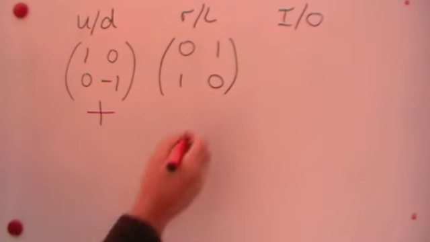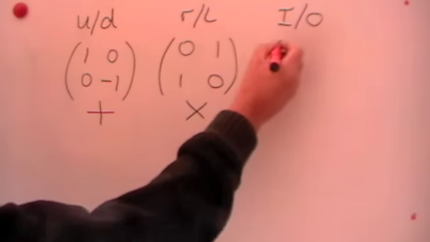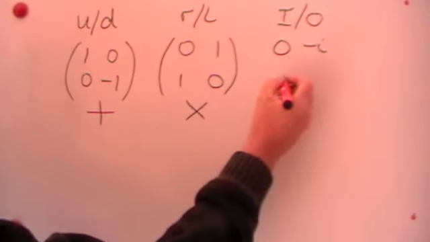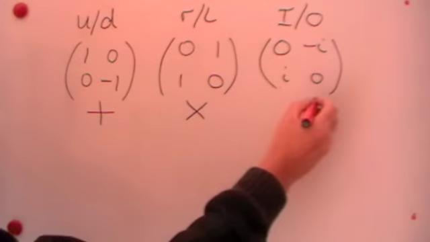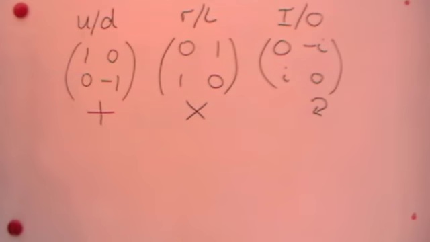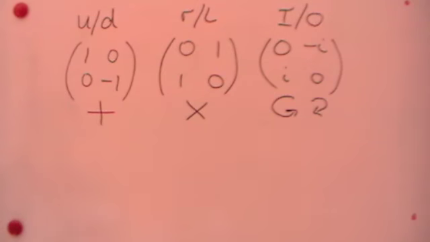That was when we were measuring polarization in the backslash or forward slash directions at 45 degrees. And we had the 0, -i, i, 0 matrix. That was when we were measuring circularly polarized light either in the clockwise or the anti-clockwise direction.